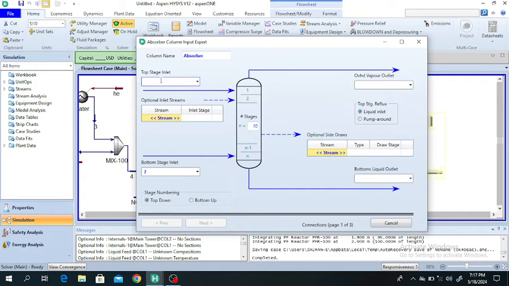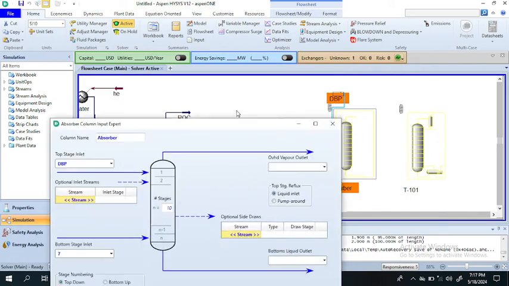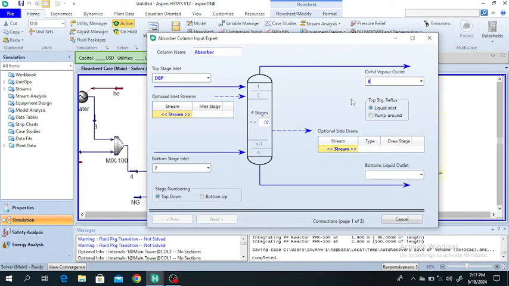From the top we will introduce the absorbent or solvent to remove the maleic anhydride from the other dirty gases. So here absorption will take place, and the absorbent or solvent will be dibutyl phthalate. This is the top of the absorption column. Suppose this is stream number 8, and this is stream number 9. Click on next.